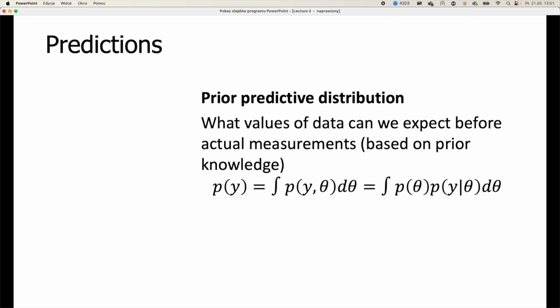Because then we can test our assumptions of how our model makes sense. If the data that is generated by the prior predictive distribution is completely impossible, then our model is wrong. And we can do that even before we start using actual data. That's one thing. So this is for testing the assumptions.